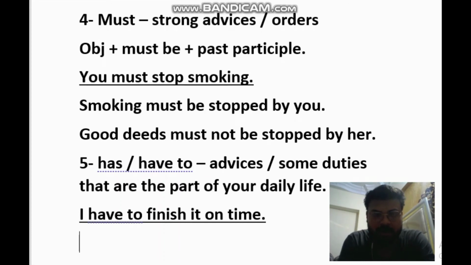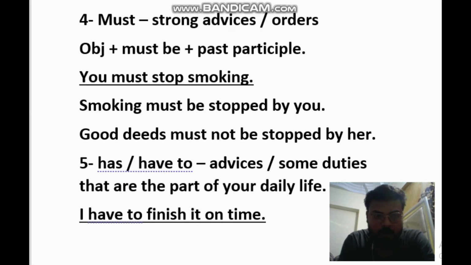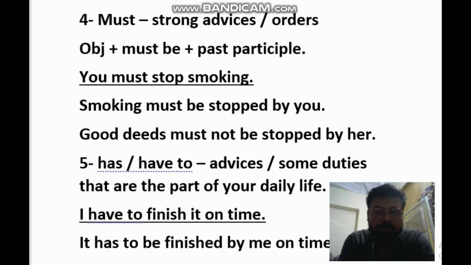So you're going to form it like what? What is the object here? Is it time? Is it on, or is it it? Yes, it's it, right? So what are we going to use with it? Has or have? Yes, it's going to be has. So it has to be finished by me on time, right?